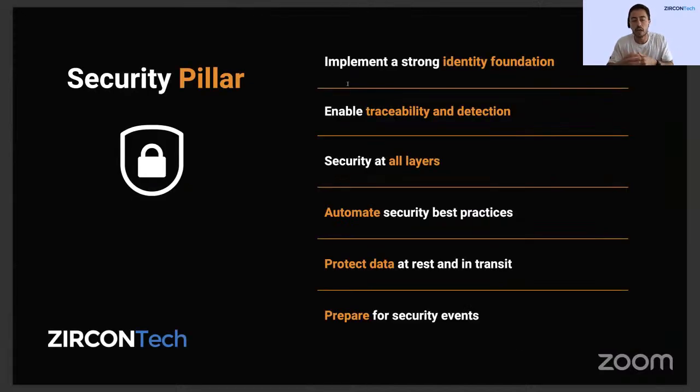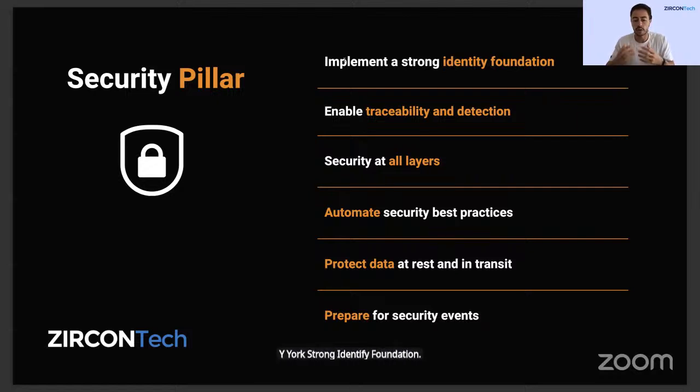So let's now do a deep dive into the security pillar specifically and describe what are some of the best practices there. And we can say that it is really important that you start with your strong identity foundation.